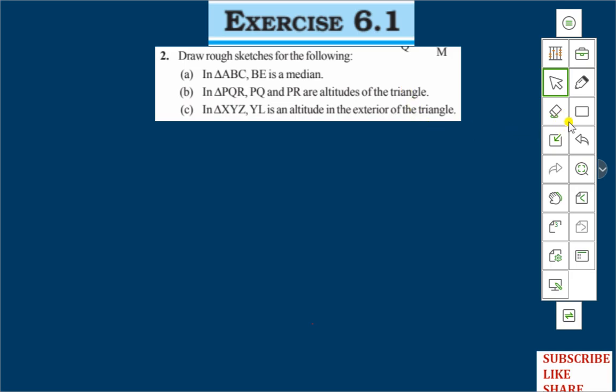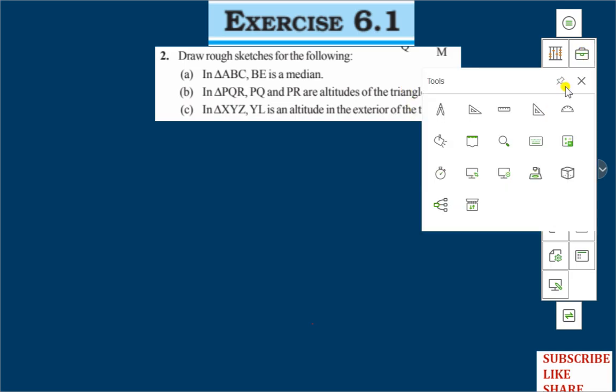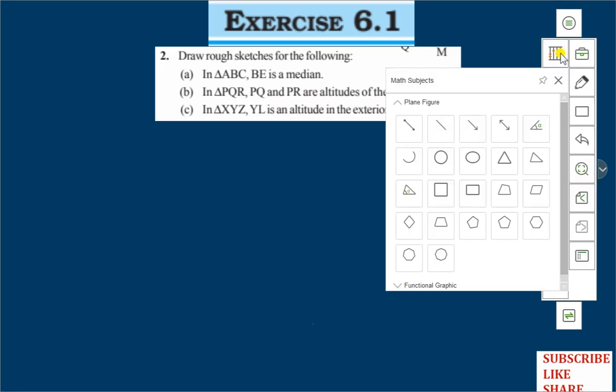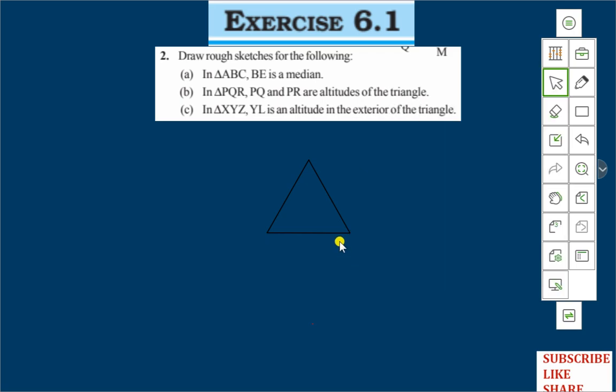Let us first take a triangle. Suppose this is a triangle, right?